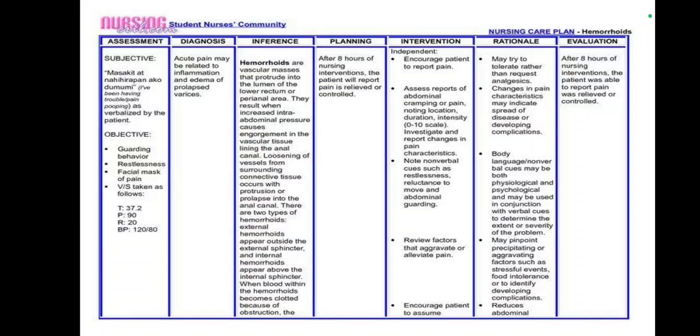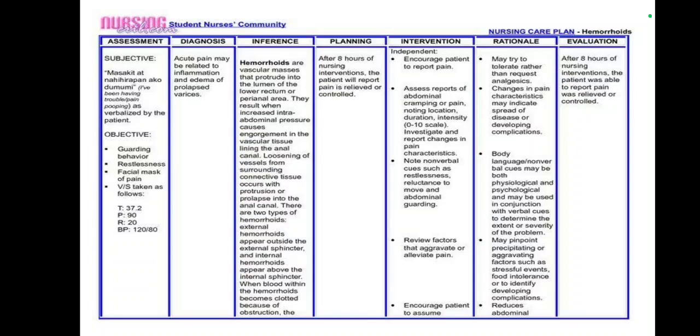Here is another example of a nursing care plan. Instead of cues, we have assessment, with the subjective and objective data. We have the diagnosis and the inference. There are some nursing care plans or hospitals that include an inference, which usually includes the diagnosis of the patient.